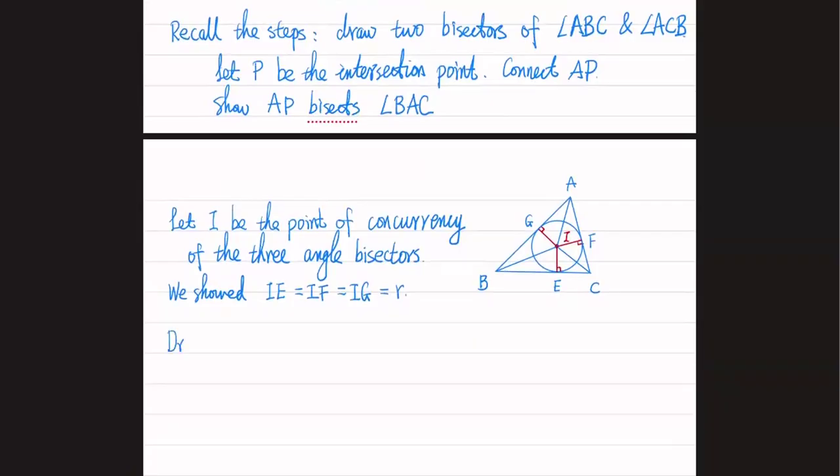Draw the circle. Okay. So we first find the intersection of the three angle bisectors.